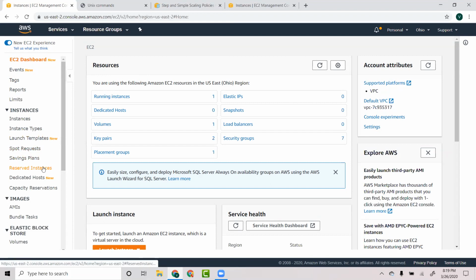So far, whatever we have been practicing, these are called on-demand instances, meaning you will pay for the resources that you use. And Amazon goes to the extent of per second billing in some cases. I don't know if EC2 is one of them or not.